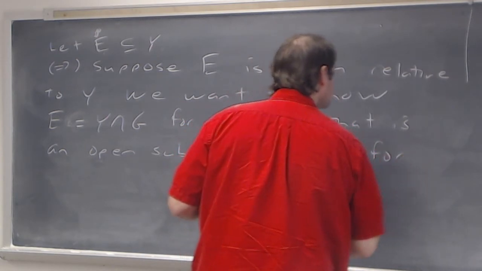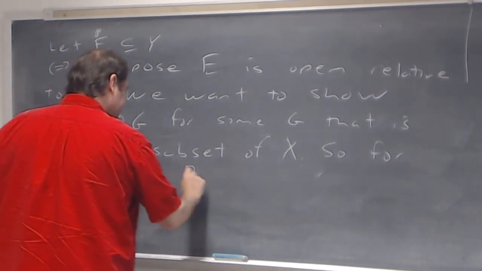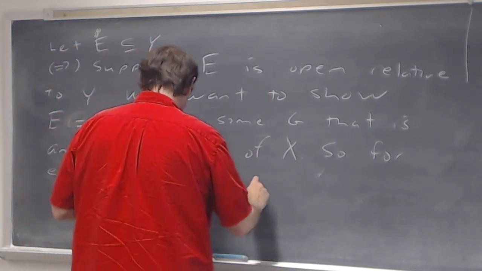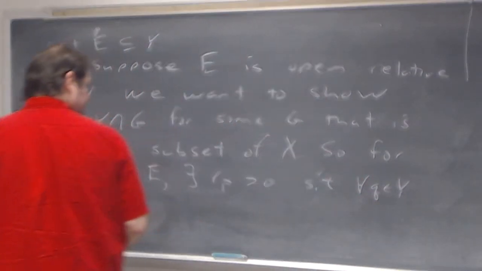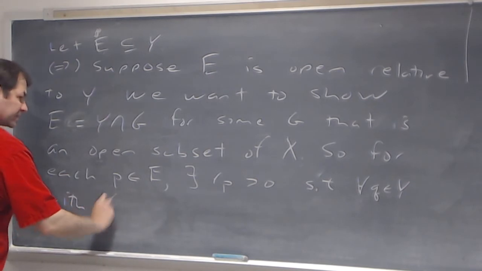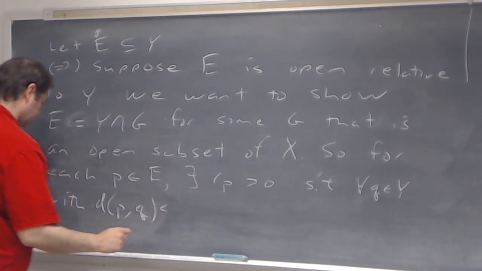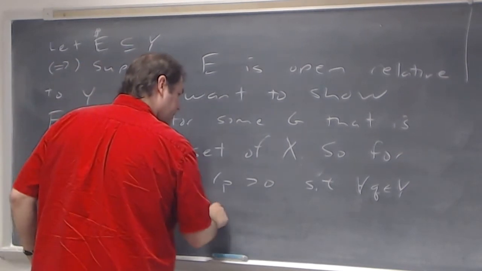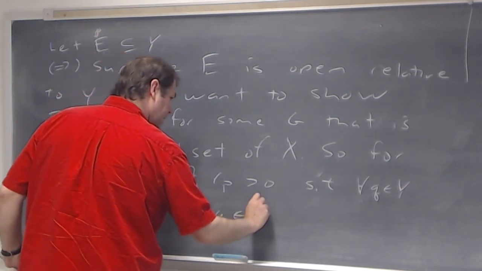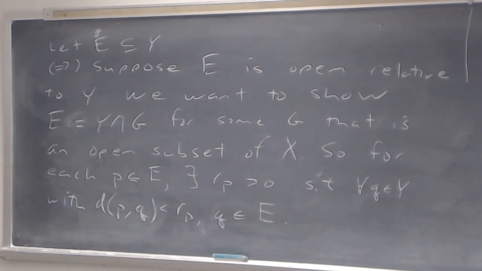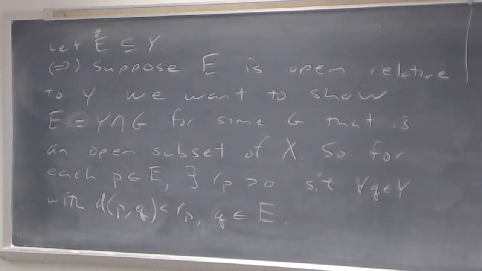For each P that is an element of E, there exists an R sub P greater than 0, such that for all Q in Y with the distance between P and Q less than R sub P, Q will be an element of E. Okay, we're going to look at some sets then.